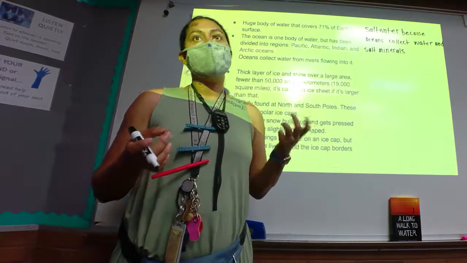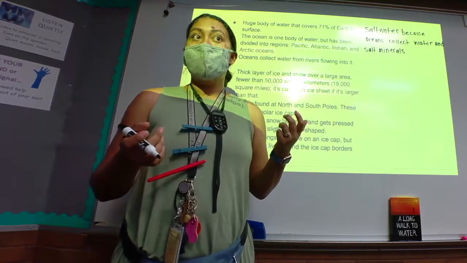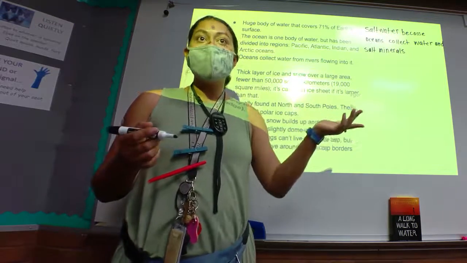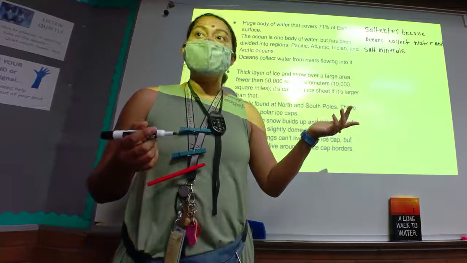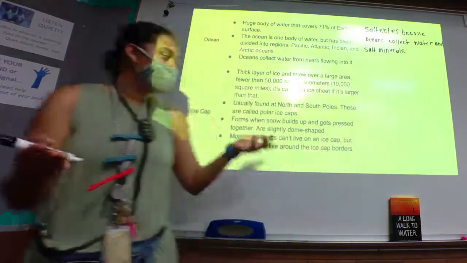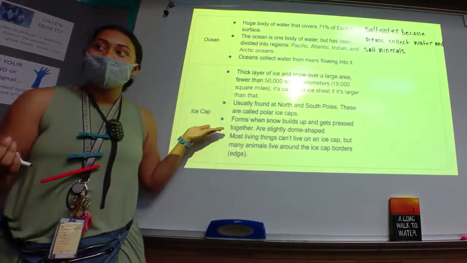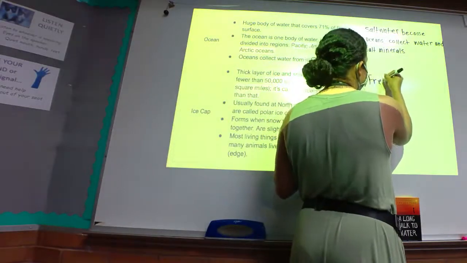What kind of water? Rainwater. What about rainwater? Is rainwater fresh or salt water? Rain is fresh water. So snow is fresh water. So ice caps are fresh water. Good connection. Okay, fresh water.